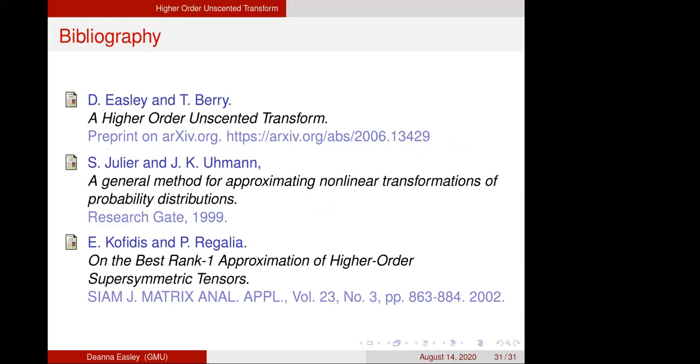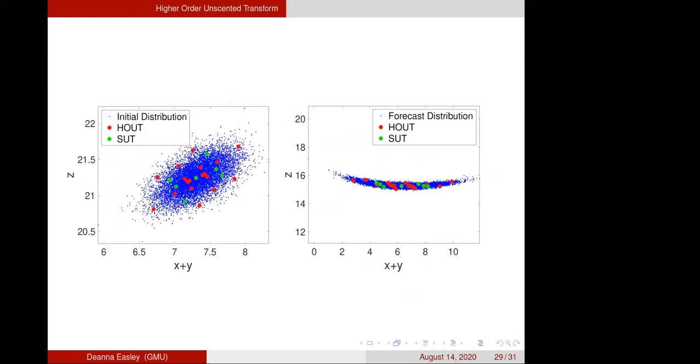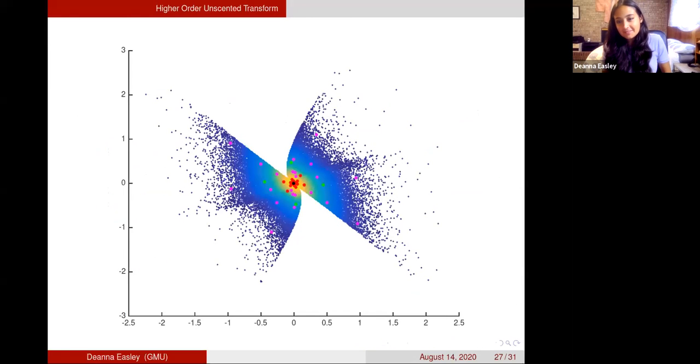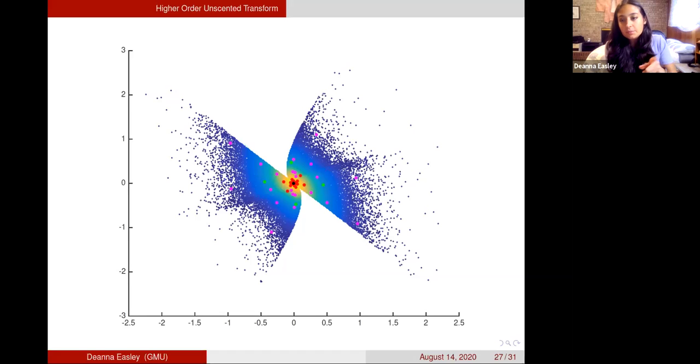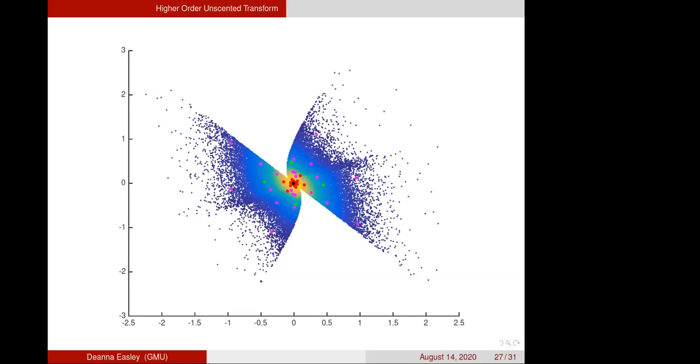You had a slide, the very artistic one, that looks to me like a butterfly. How is this related to the original chaos butterfly of Lorentz? Okay, so this particular one is not related to the Lorentz. Not at all. It's only the shape.